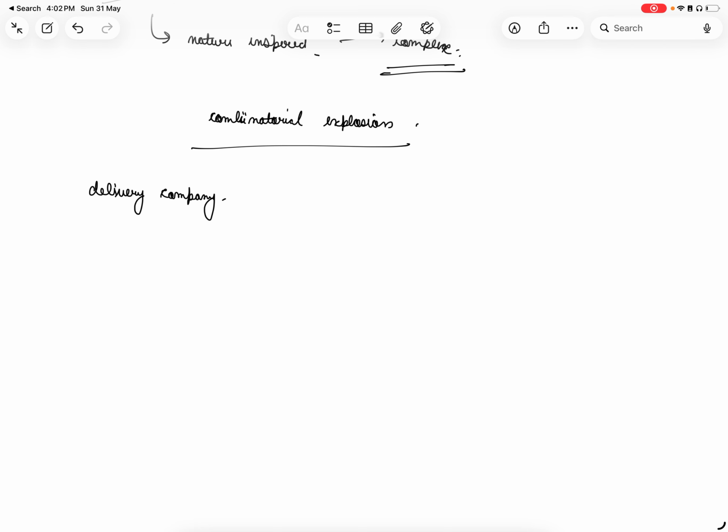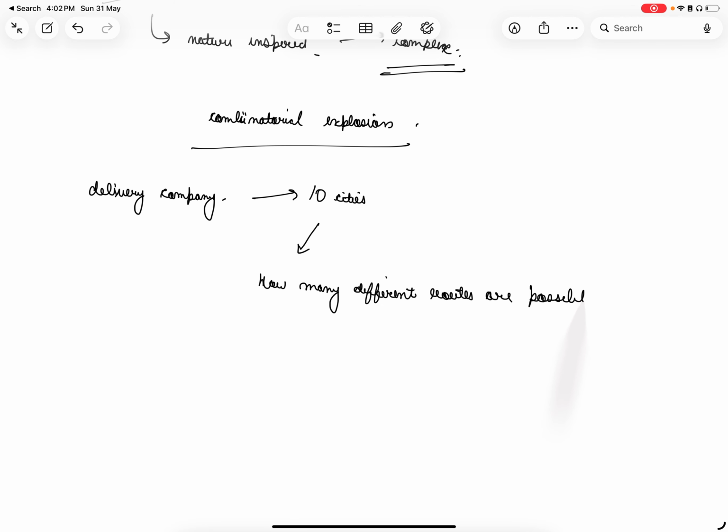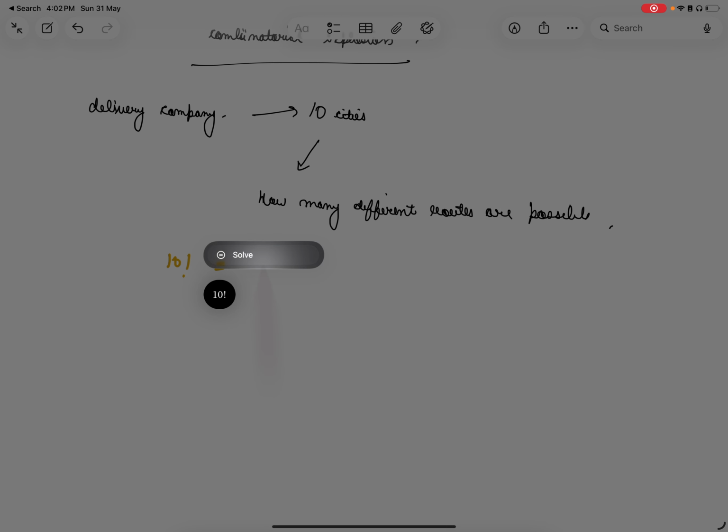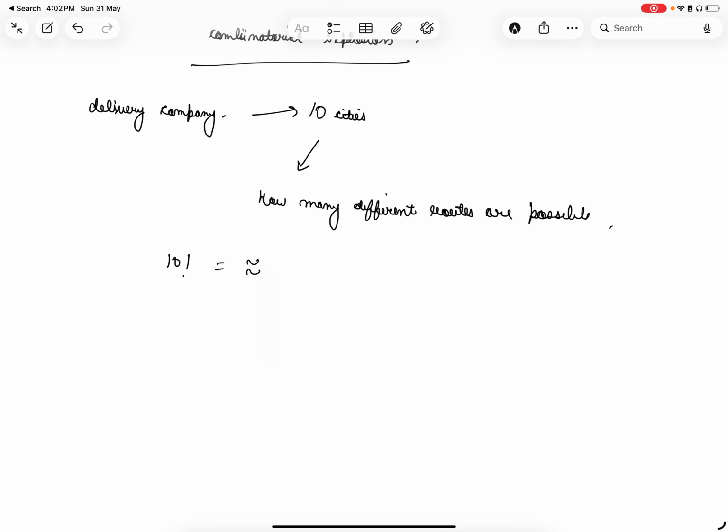You have to visit 10 cities. So, how many different routes are possible? All possible routes. It will be 10 factorial, which is about 4 million.